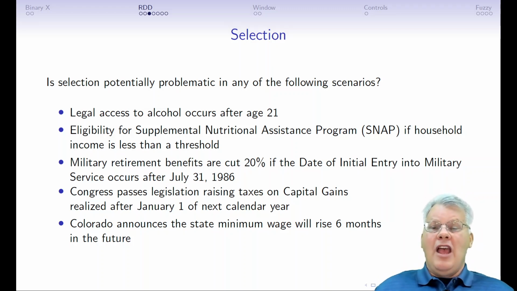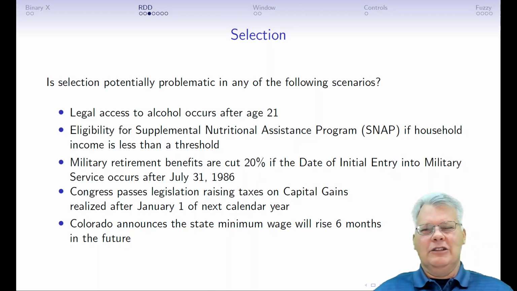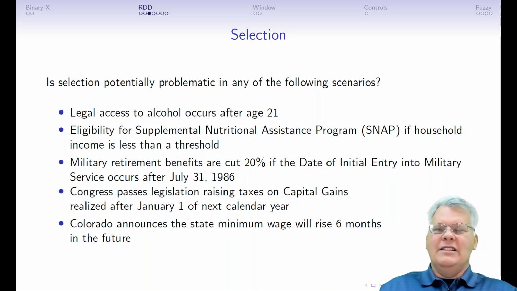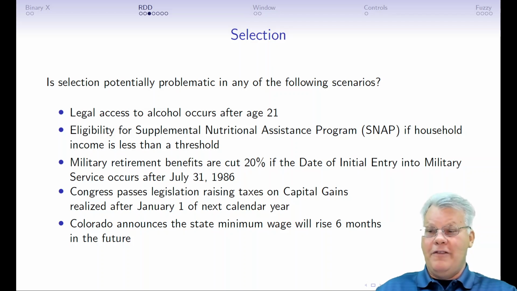So the second one, eligibility for SNAP, the Supplemental Nutritional Assistance Program. And the criterion for eligibility to SNAP, I believe currently, is that a household has income below a multiple of the poverty level income. So I believe it's twice, could be wrong about that. But there is a cutoff, an income cutoff. If your income is above the cutoff, then you're ineligible to receive SNAP benefits.